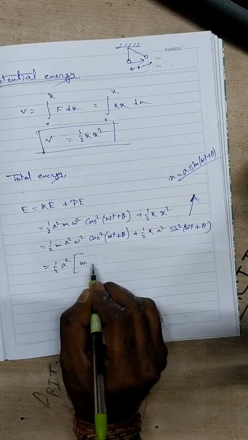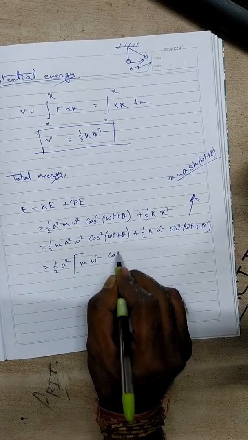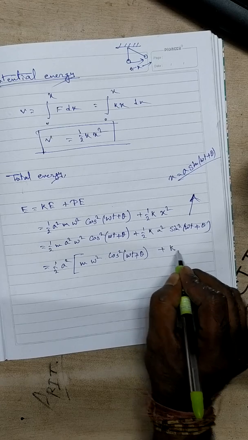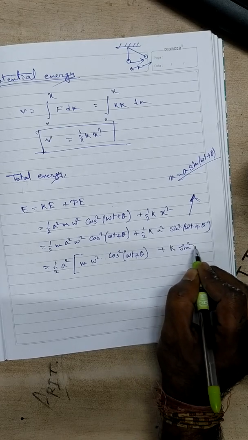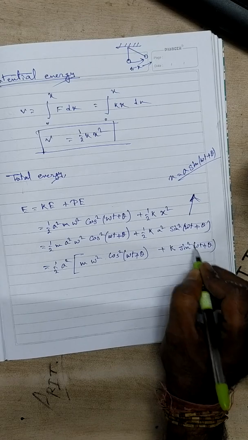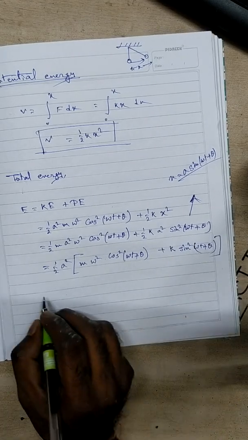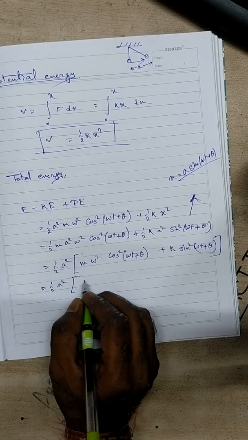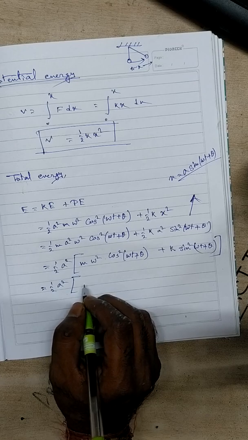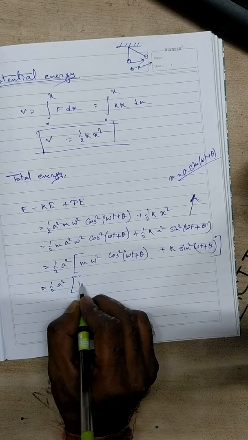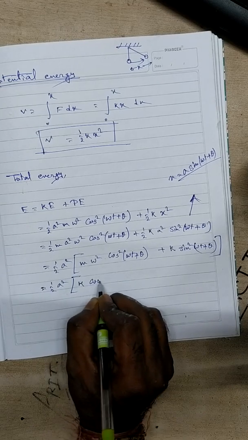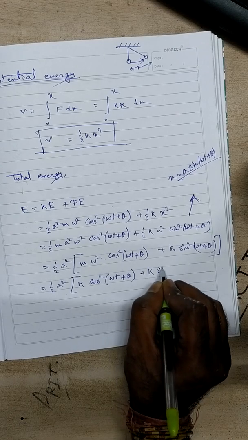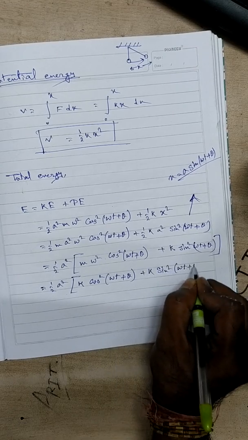So it becomes m omega square cos square (omega t plus theta) plus k sin square (omega t plus theta). Clear? Half a square times m omega square cos square (omega t plus theta) plus k sin square (omega t plus theta).